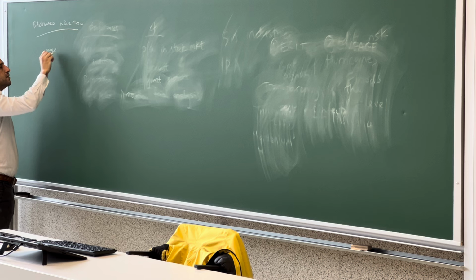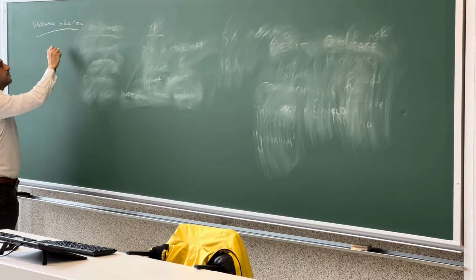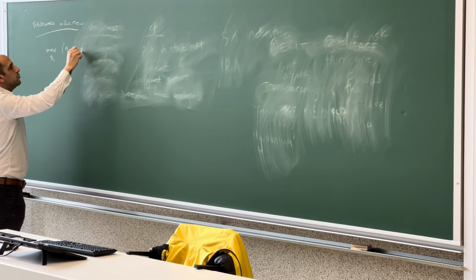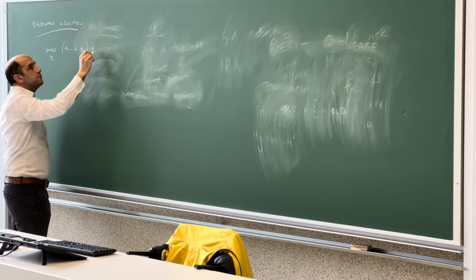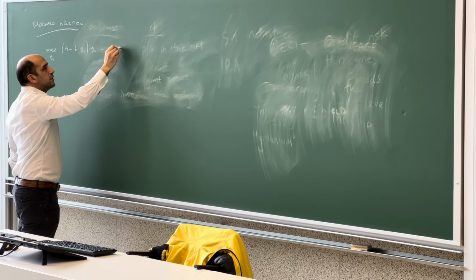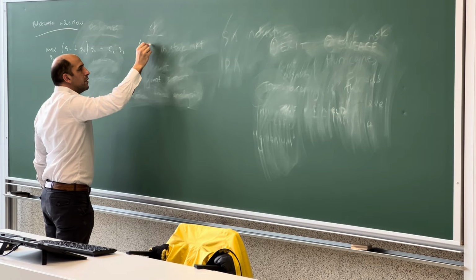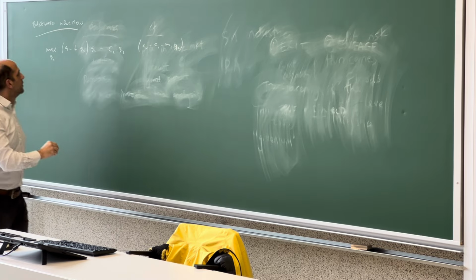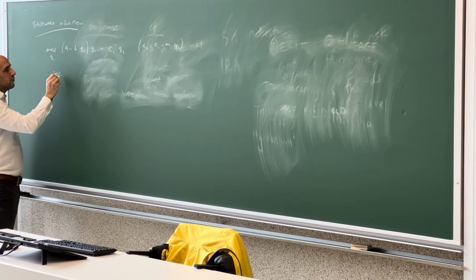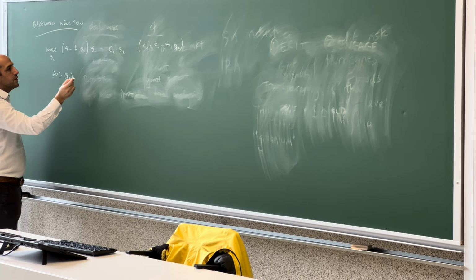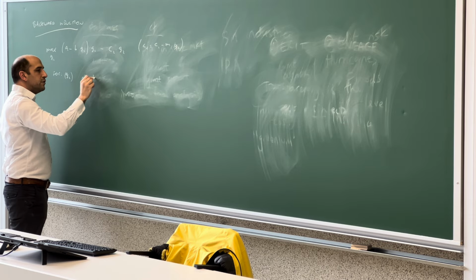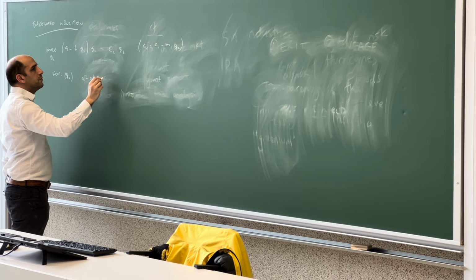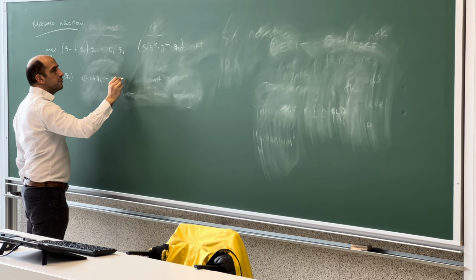So we maximize, choosing Q2, A minus B Q2, times Q2, minus C2 times Q2, where C2 equals C1 minus M Q1. The first order condition for Q2 is A minus 2B Q2 minus C2 equals 0.